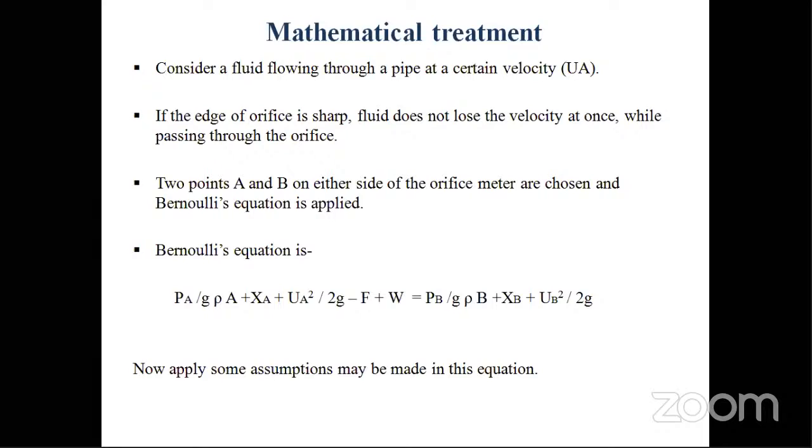Why does it not lose velocity? Because no friction is created between the wall of the pipeline and the water. So two points, A and B, on either side of the orifice are chosen according to the boundary equations.